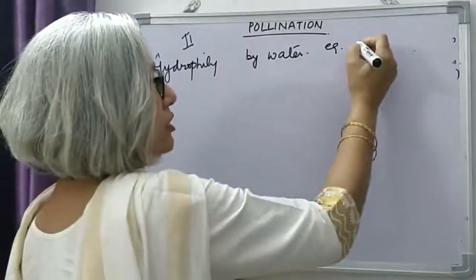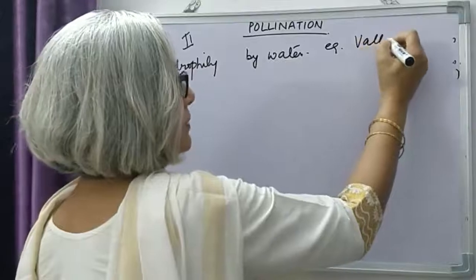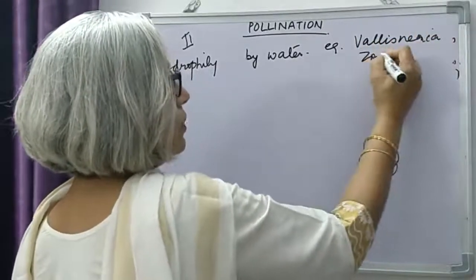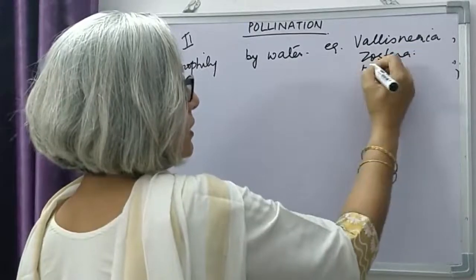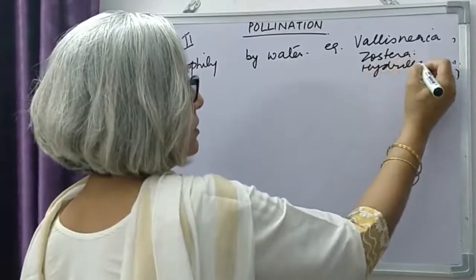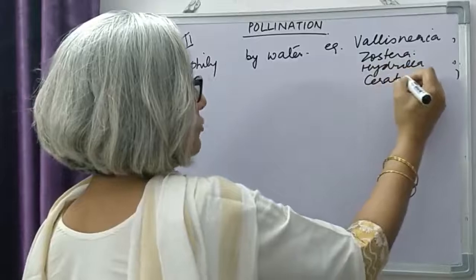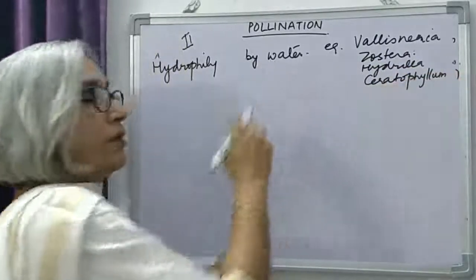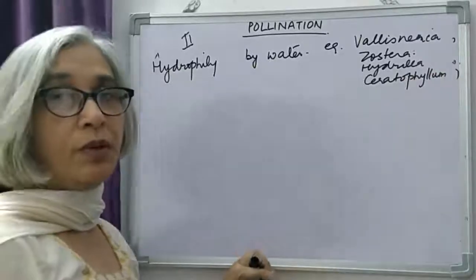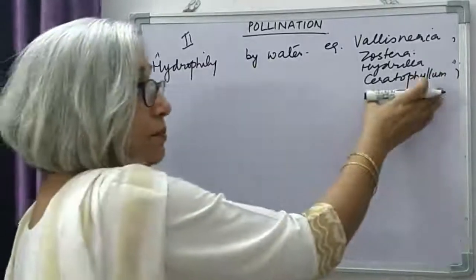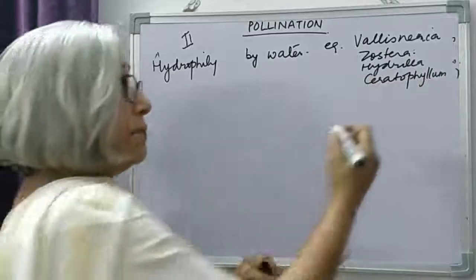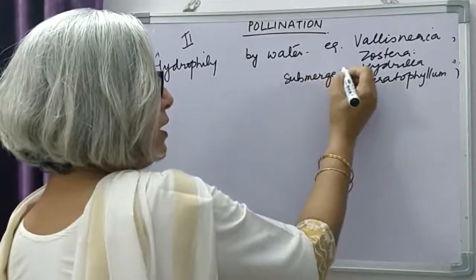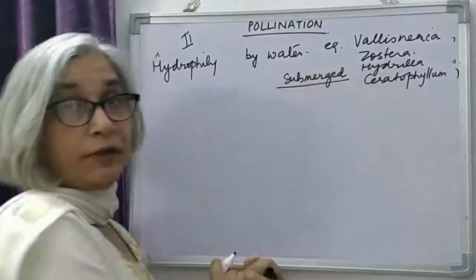Examples of such plants are Vallisneria, Zostera, Hydrilla, and Ceratophyllum. These are some of the names of flowers in which pollination takes place by water. So these plants are found submerged in water. They are aquatic plants, they are found submerged in water.